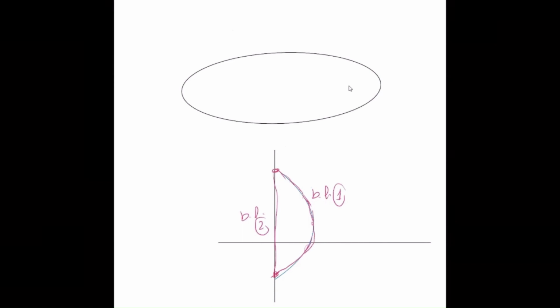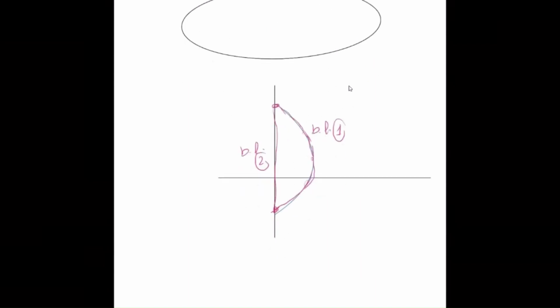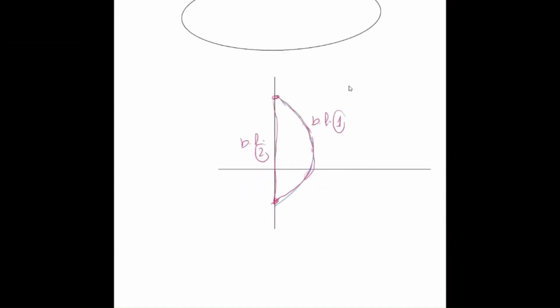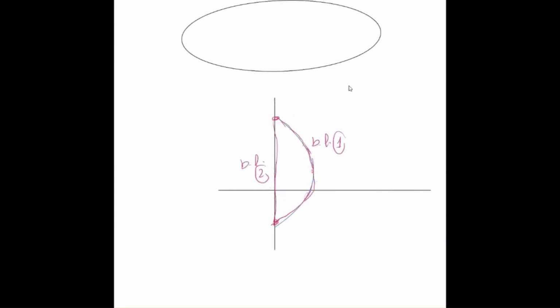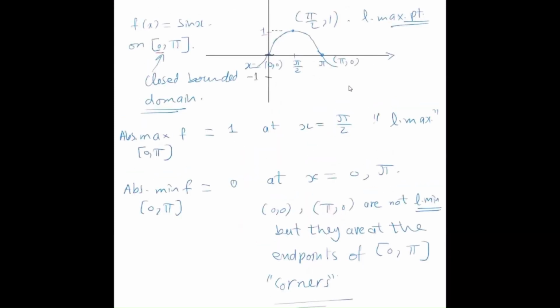If the function is restricted to such a closed and bounded domain, and we are asked to find its absolute max or absolute min on this domain, we go through all the steps we had before. But we will add another stage, which is to study this boundary line. This boundary line plays the role of the endpoints in calculus 1. We have in calculus 1 the endpoints here.